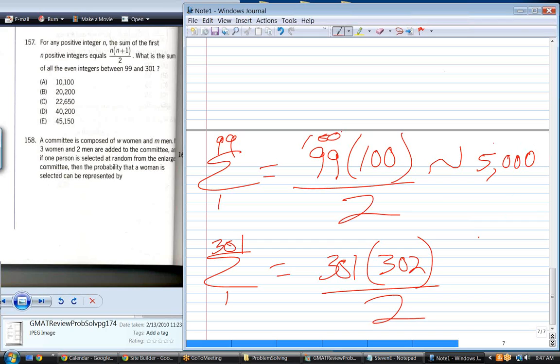Let's not lose sight of the fact that we only want even integers, but that's okay. So all the integers from 1 to 99 is 5,000. And then this one here can be approximated by 300 times 300 is 90,000 over 2, which is approximately 45,000.